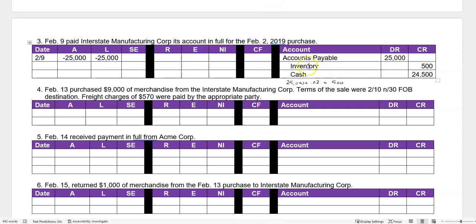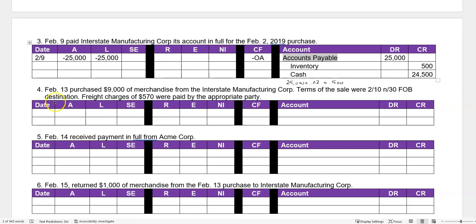This is inventory and cash. We're paying off a bill, so it wouldn't be an expense. Our cash flow is an outflow, and an outflow of operating activities. Accounts payable is a current operating liability. So therefore, as we pay accounts payable, it does impact our operating activities on our statement of cash flow.